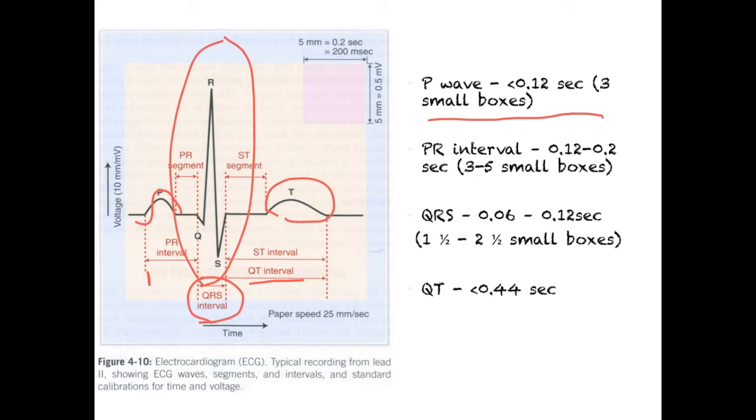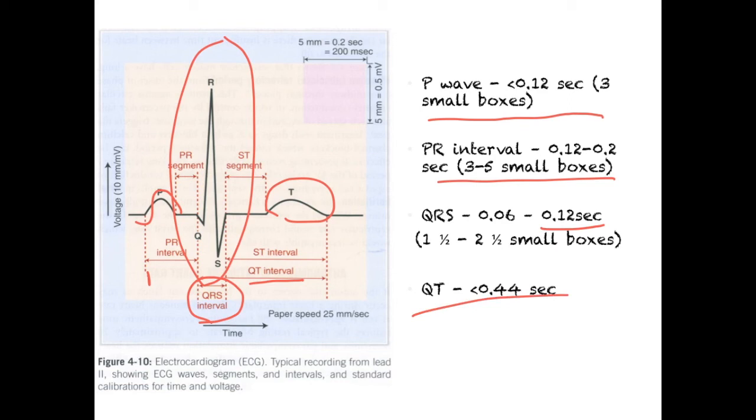On the other hand, a PR interval should be between 0.12 to 0.2 seconds, so anywhere from 3 to 5 small boxes. And then a QRS shouldn't be more than 0.12 seconds, which is equivalent to anywhere from 1.5 to 2.5 small boxes. And then lastly, a QT interval should not be more than 0.44 seconds.